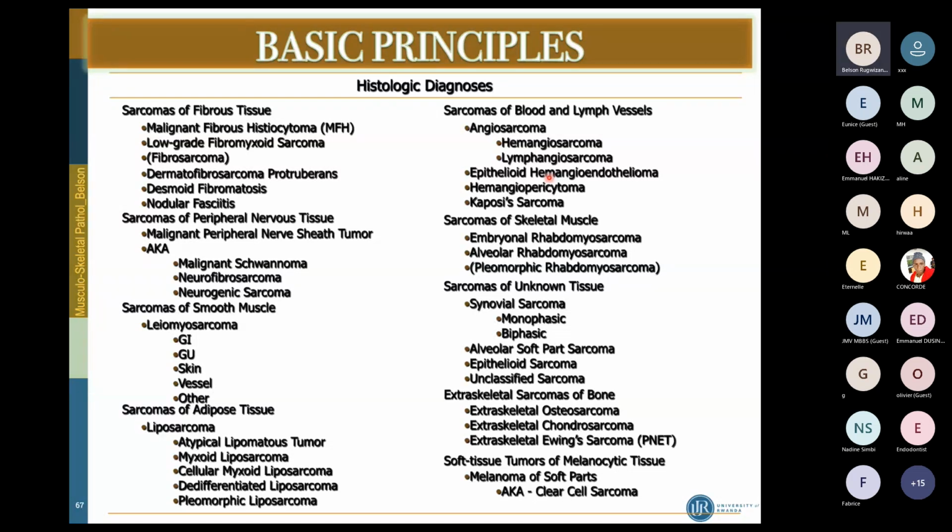So we have many entities, and you have extraskeletal sarcomas of the bone, such as osteosarcoma that is not in the bone but in soft tissue. Then clear cell sarcoma, which is the melanoma of soft parts.